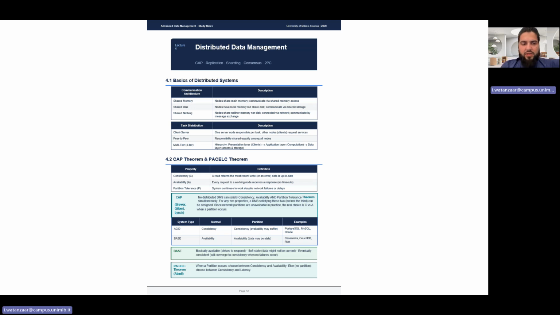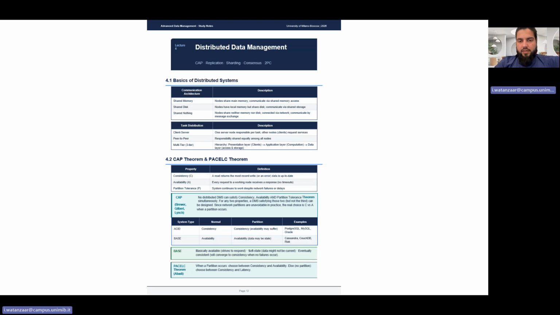So how are tasks distributed in distributed data management systems? The task or workload distribution is based on three ways. The first one is client-server: one node acts as a server node and is responsible for the task, and the other nodes are clients sending requests to it.